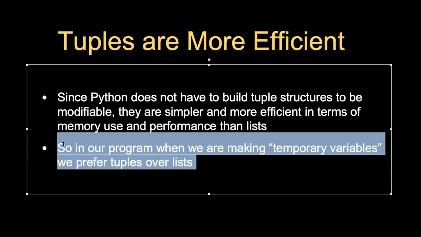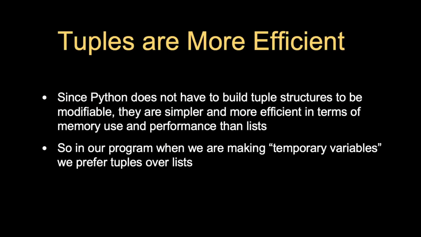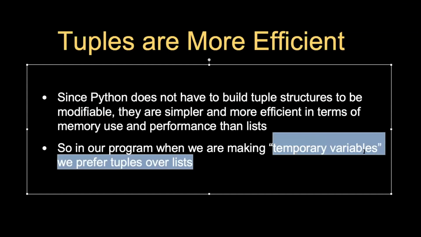Why is that? What do you think is the case? Besides the fact that they're simpler and more efficient, having a Tuple that is going to be temporary. Temporary typically means that you just want to store some data in this temporary structure, and then later on you can retrieve it and then toss it.